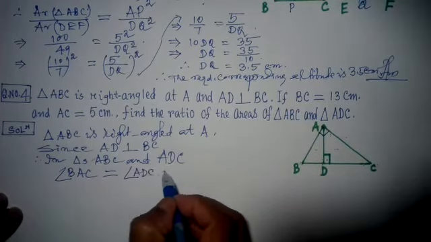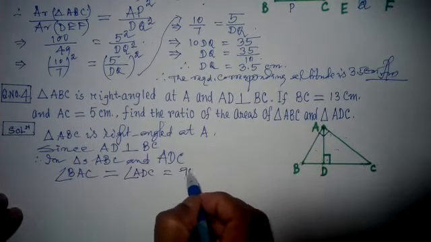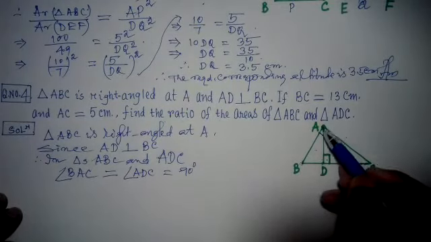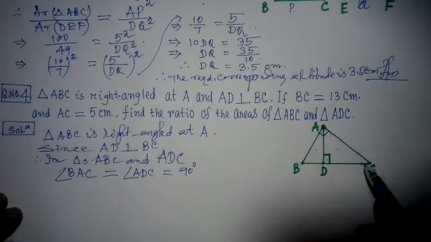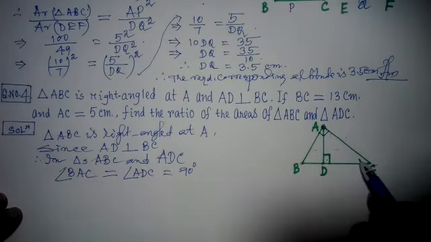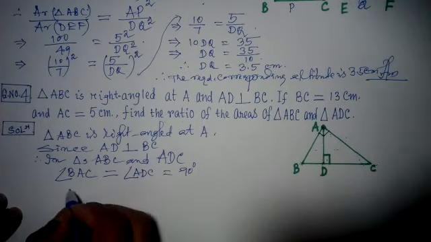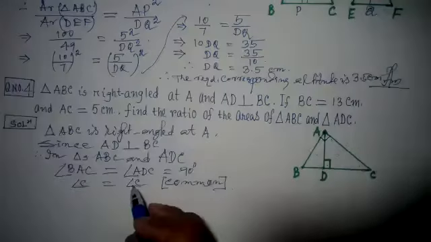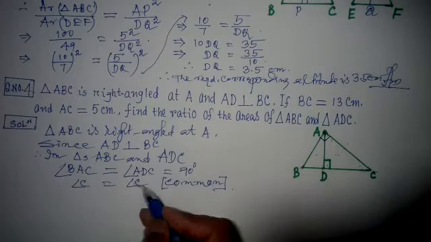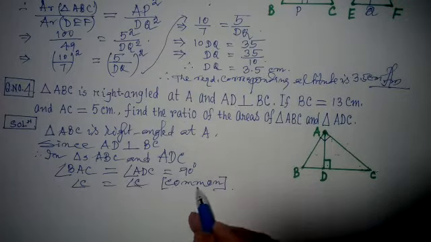They are equal because they are 90 degrees. And angle C equals angle C because they are the common angle.